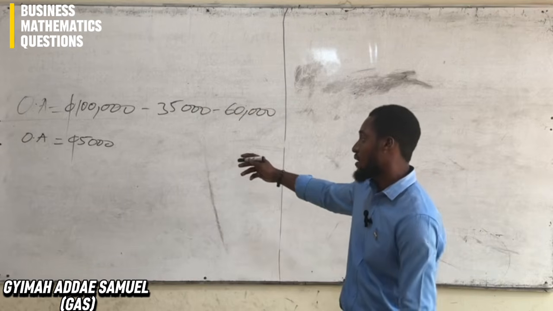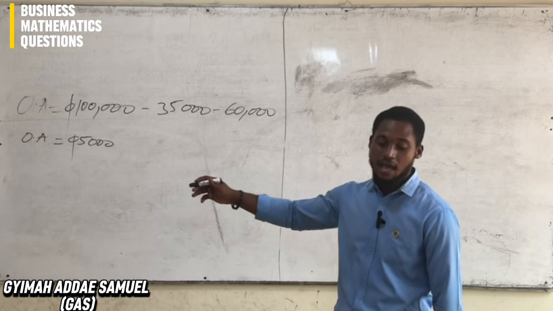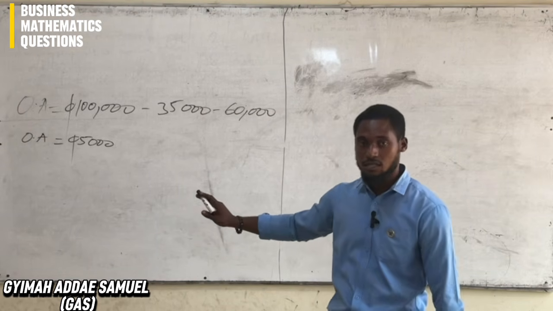So now that we have our 5,000 Ghana cedis, we would have to multiply our override rate by the 5,000 Ghana cedis to get our override.